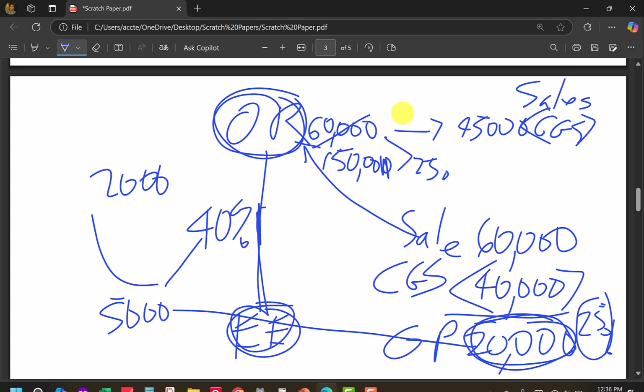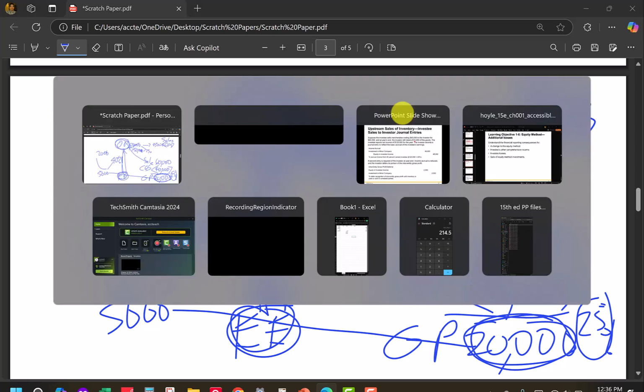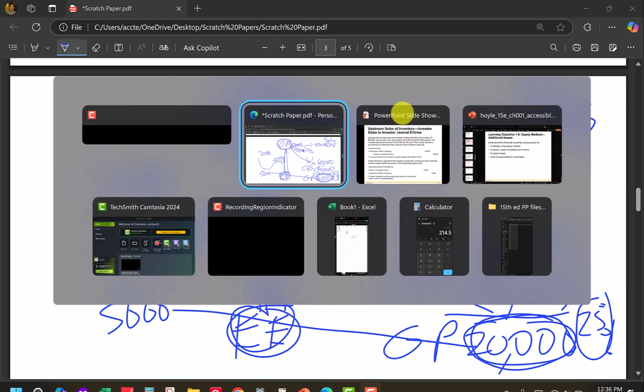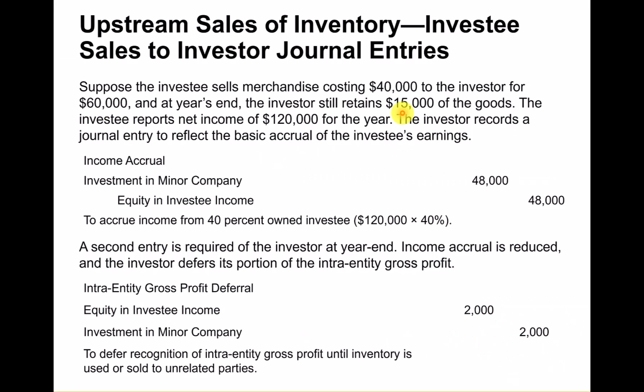And the way we do that is to adjust the amount of income that our investor has to report at the end of the year. So again, going back, here's the profit we have to report. 40% of this, at the end of the year, increasing our investment income, increasing the investment. But remember that 2,000 we figured out has to be postponed.